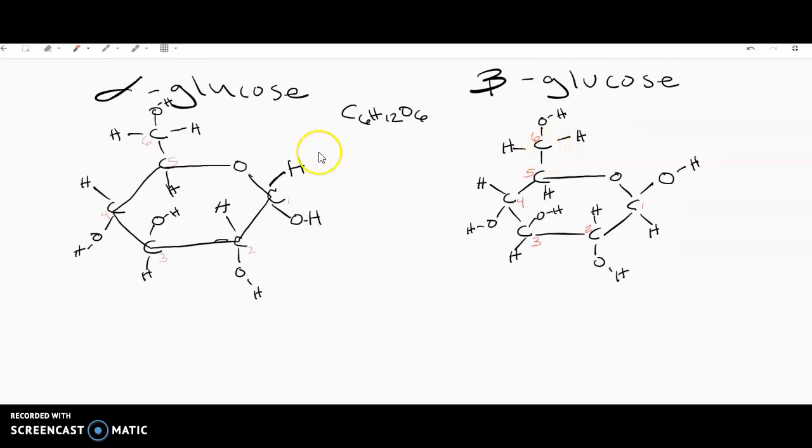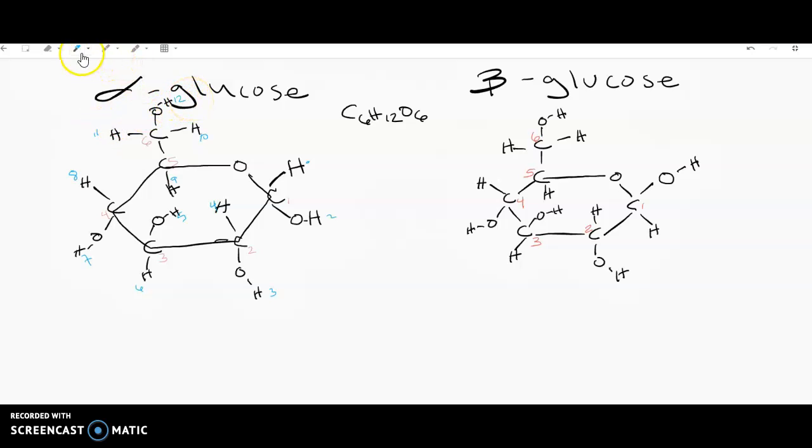And just to show you that we do really have 12 hydrogens in each molecule, let's point those out. So there's 1, 2, 3, 4, 5, 6, 7, 8, 9, 10, 11, and 12 there.